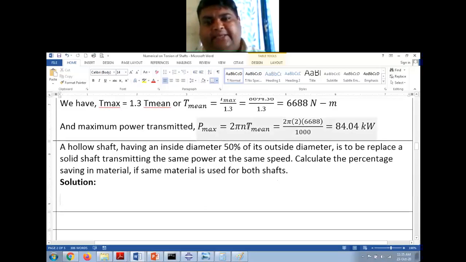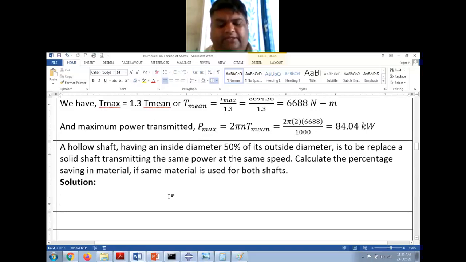So if speed is same, then P of hollow shaft should be equal to P of solid shaft. So the only difference there will be the torque, and that should be same, right? What I basically mean is the torque transmitted by the solid shaft and the torque transmitted by the hollow shaft should be equal. So based on this, I will try to derive this equation.